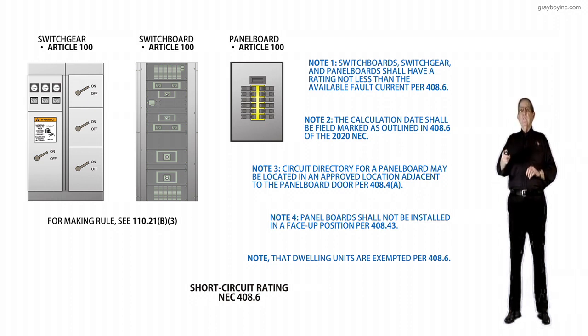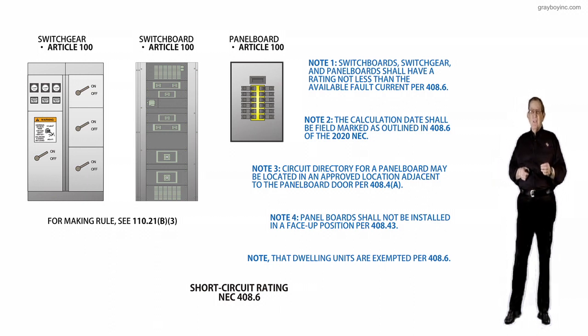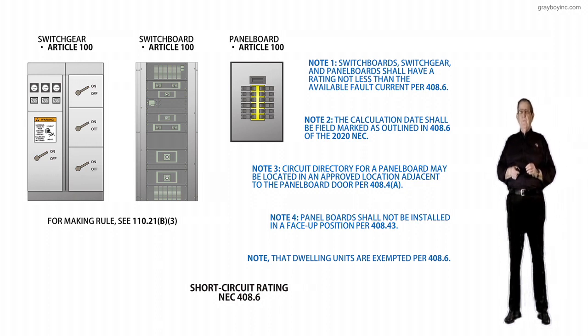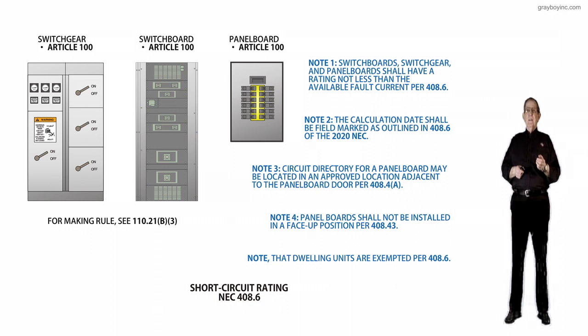And then notice Note 2, the calculation date should be field marked as outlined in 408.6 of the 2020 NEC. Again, be sure you look at 110.24. The second note states the calculation date shall be marked as outlined in 408.6 of the NEC.